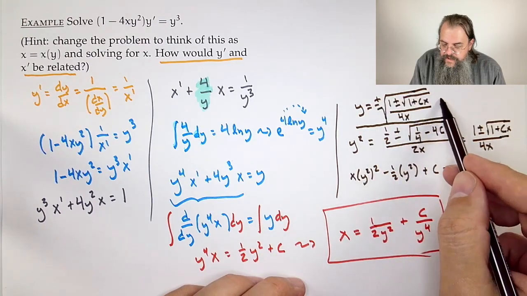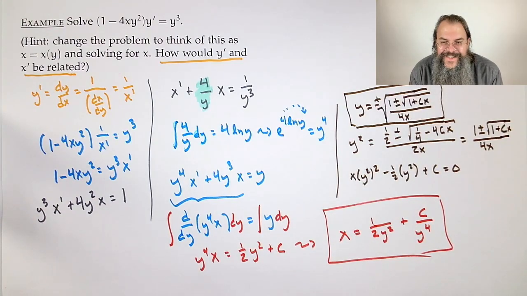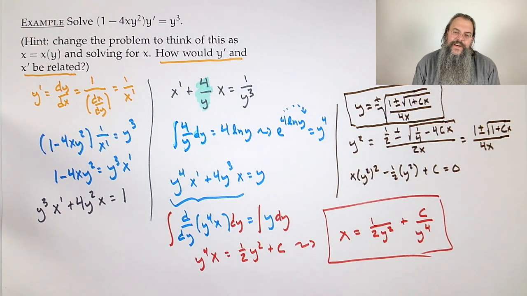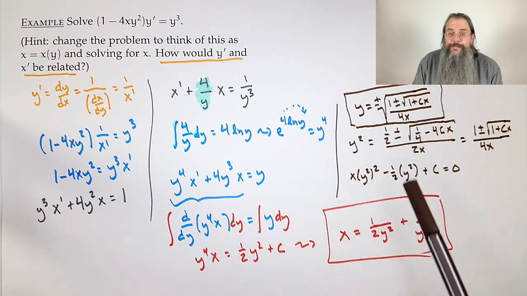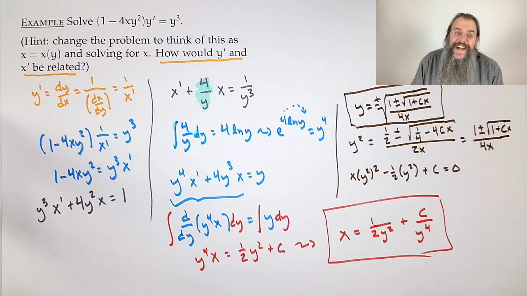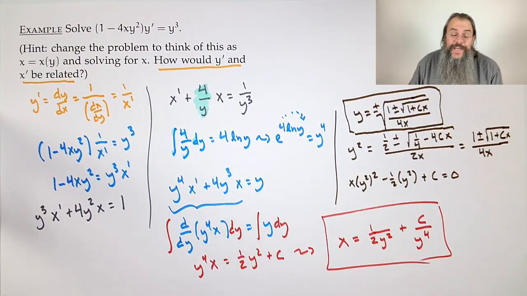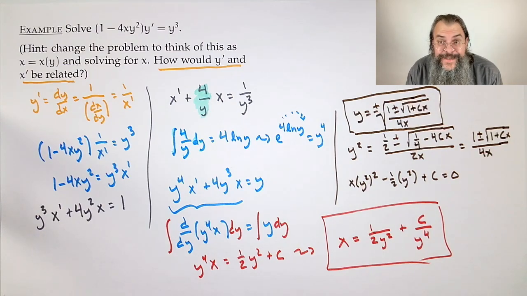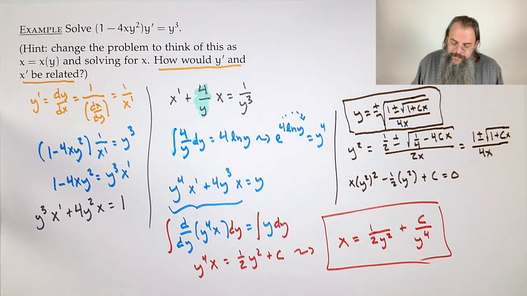And, okay, so there's another way that we can write the answer where we have not x as a function of y, but y as a function of x. And I would say that between the two, I kind of prefer the x as a function of y. It looks a little bit nicer. I think it does.